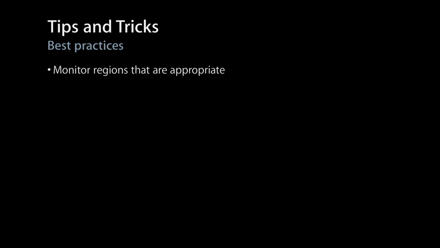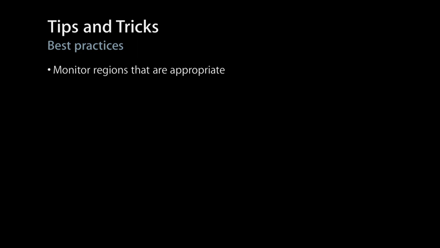You want to create a great user experience using region monitoring. Some ways to increase this user experience is by monitoring regions that are appropriate. Now, maybe I own a coffee shop, and when the user launches my app, I want to register some regions to let users know when they're near one of my shops.